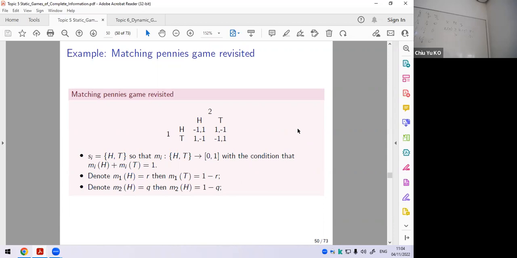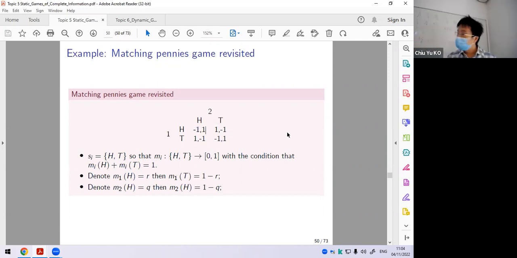A very simple example, matching pennies. The mixed strategy for player one, head or tail, is mapped to 0 and 1, just put probability there. To be simple, just one variable: R is the probability of head, and Q for the other player. So R is here, 1 minus R, Q, 1 minus Q. That is what it means.